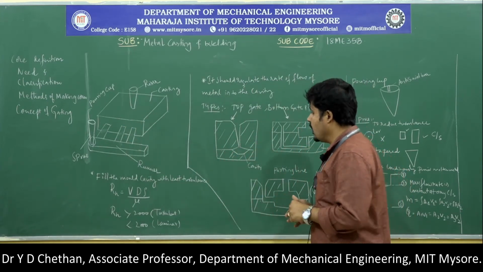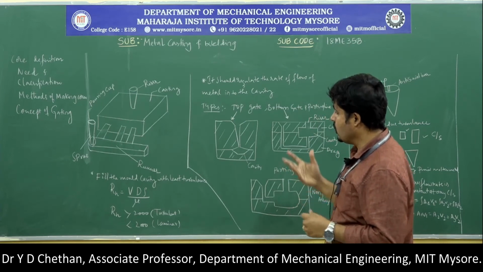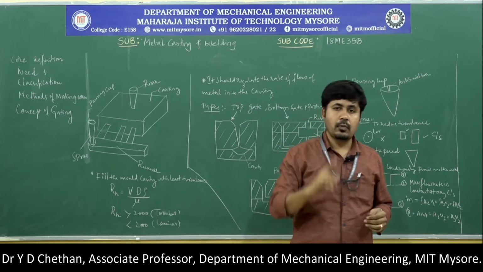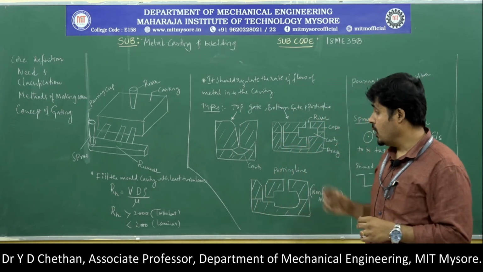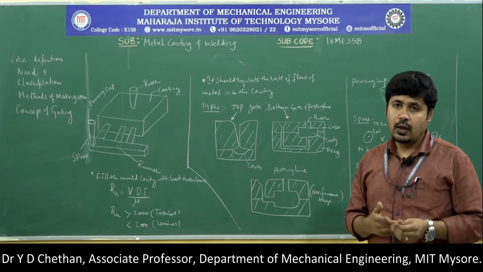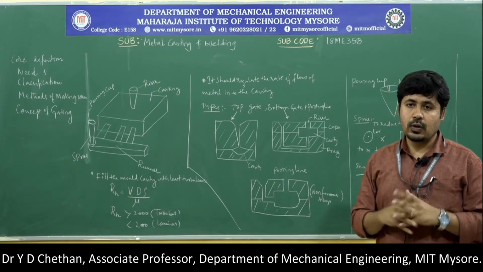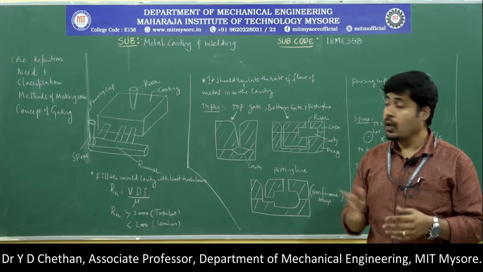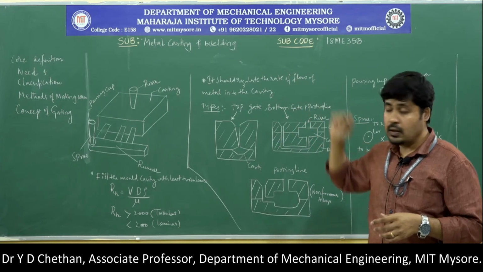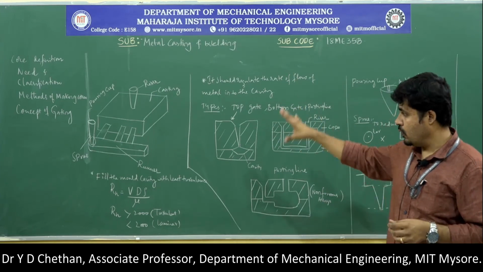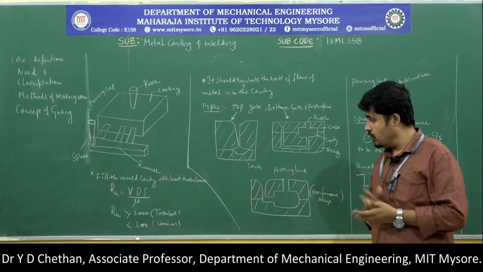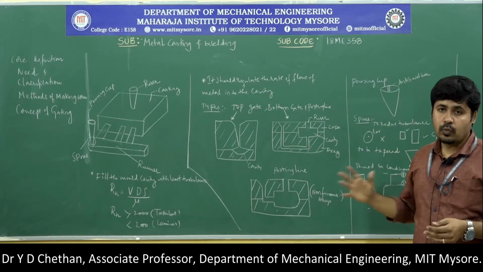The first requirement of the gating system is that it should avoid turbulence. The function of the gating system is to convey the molten metal right from the pouring cup to the mold cavity and at the end to the riser. In that process, we should avoid turbulence.